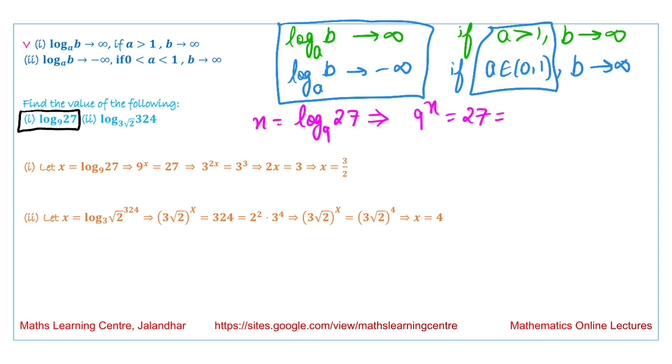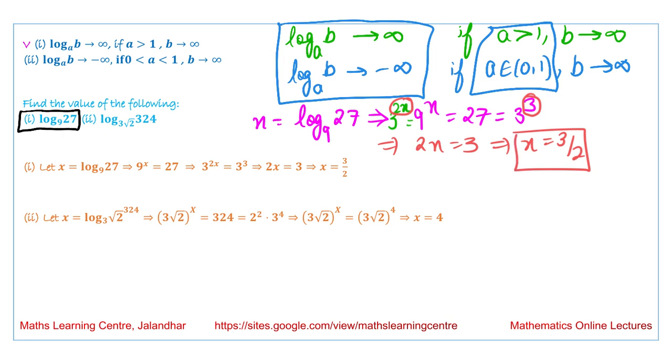We can write 27 as 3 raised to the power 3, and 9 raised to the power x as 3 raised to the power 2x. Comparing the powers, 2x is equal to 3, so we obtain x is equal to 3 by 2. The answer is x is equal to 3 by 2.